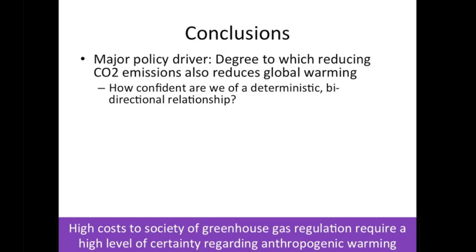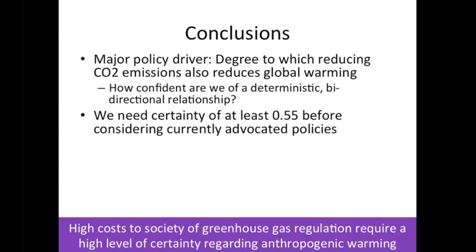The currently advocated global environmental policies exemplified by the Kyoto Protocol or cap and trade laws assume that there is a deterministic relationship between global warming and CO2 forcing that operates in both directions. In other words, if humans caused it by their activity, they can also uncause it by reducing or ceasing that activity. And this may not be the case.